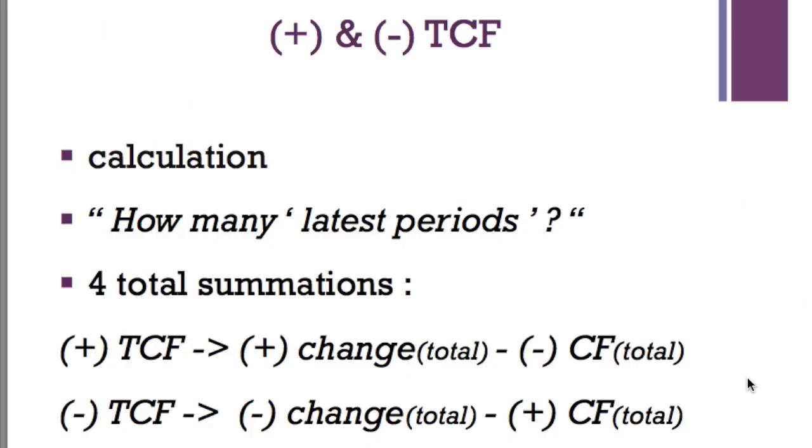Then we get 4 total summations, and you get the positive trend continuation factor by subtracting the negative continuation factor total from the positive change total. To get the negative TCF, you need to subtract the positive continuation factor total from the negative change total.